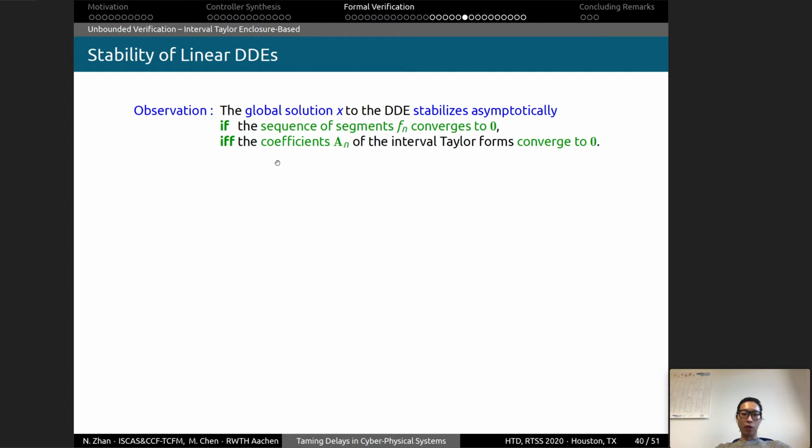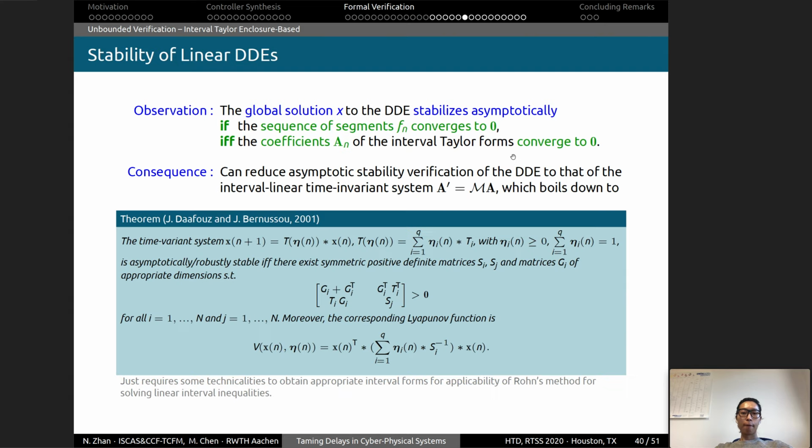And this holds if and only if the coefficients a_n, which is the state in the discrete time linear system, all converge to 0. Now the consequence of such observation is that we can reduce stability verification of DDEs to the stability verification of this interval linear time invariant system. And in what follows, we find some nice results on doing so.